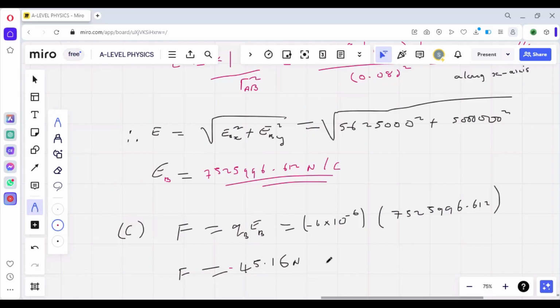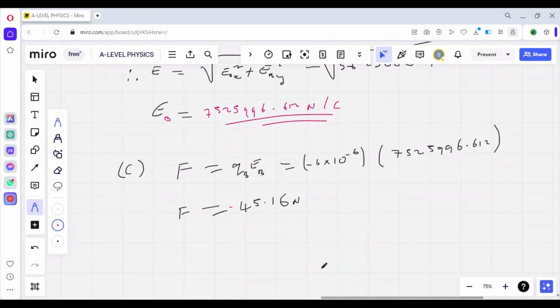Of course this is true because this is a negative charge placed at point B, and we know that the field is directed toward the negative charge. That is the reason why we are getting a negative force here. Now we are not interested in this negative sign, we are interested in the magnitude.